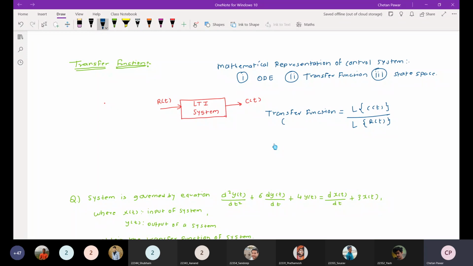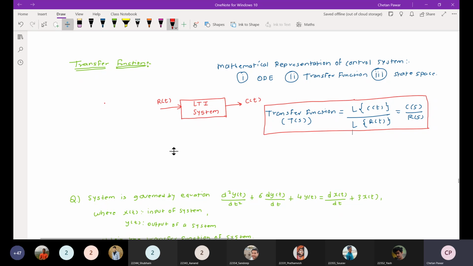Okay, so it can be denoted by T of S, that is C of S upon R of S. So this is called a transfer function. But here two main conditions are there for which system you can calculate the transfer function. Here they mention that there are two important conditions.